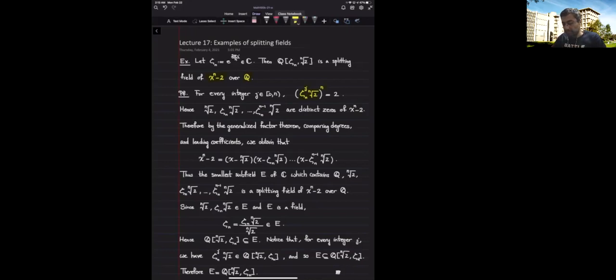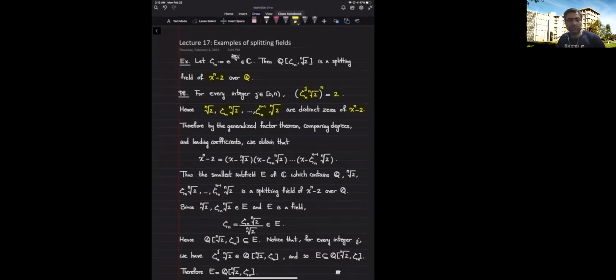So we end up getting that the whole thing is 2, which means the nth root of 2, zeta sub n times the nth root of 2, zeta sub n to any power times the nth root of 2, all of them are zeros of x to the n minus 2. Again, we have n distinct zeros.